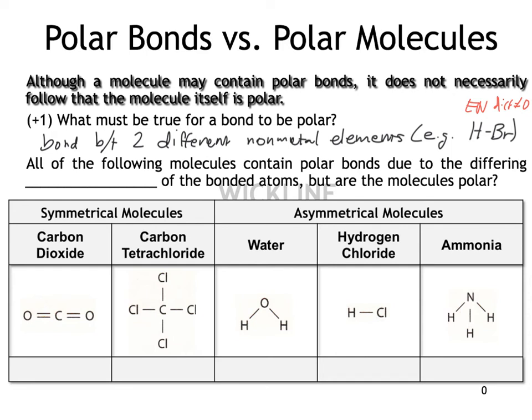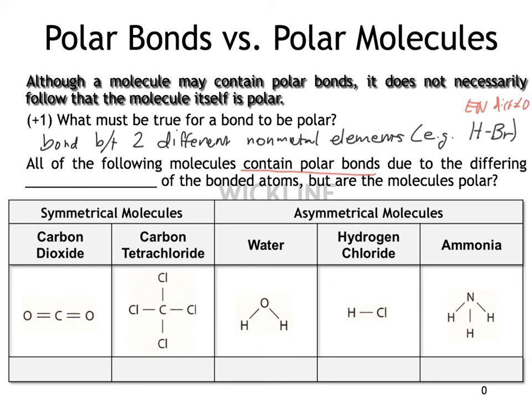Now all of the following molecules in the graphic organizer below do contain polar bonds. And that's pretty easy to see because you'll always see the bond between two different nonmetals like carbon-oxygen, carbon-chlorine, oxygen-hydrogen, hydrogen-chloride, and nitrogen-hydrogen. So as I was saying, all of the molecules below do contain polar bonds.